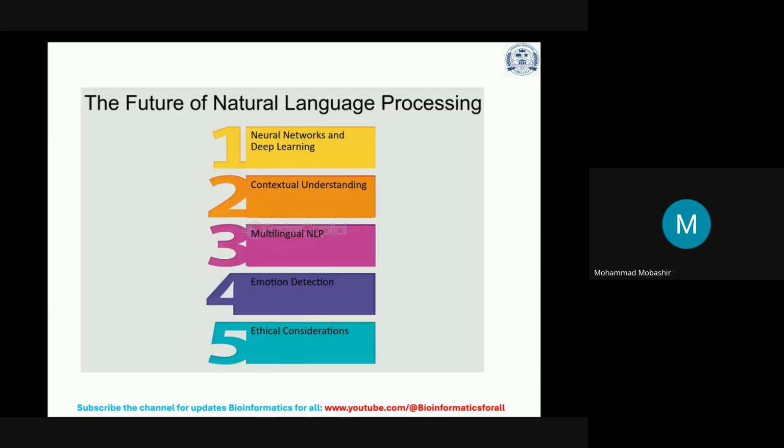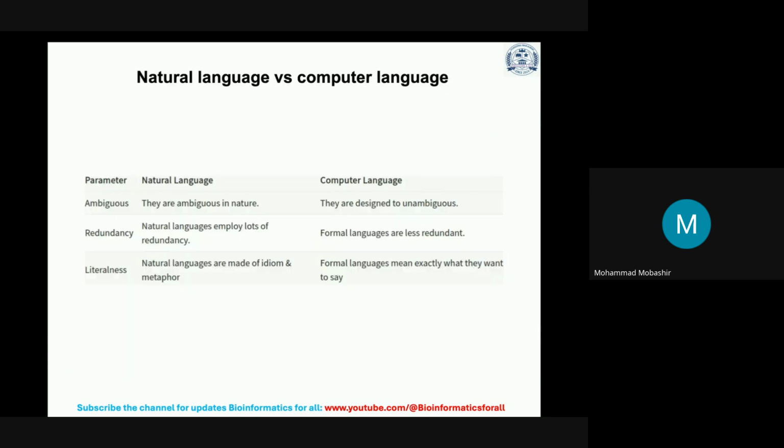Now, the future of NLP: neural networks and deep learning, contextual understanding, multilingual NLP, emotion detection, ethical considerations, and how you compare natural language versus computer language. Natural language is what we speak, what we discuss. Computer languages are C, C++, Java, Perl, Python. Natural languages are ambiguous in nature.